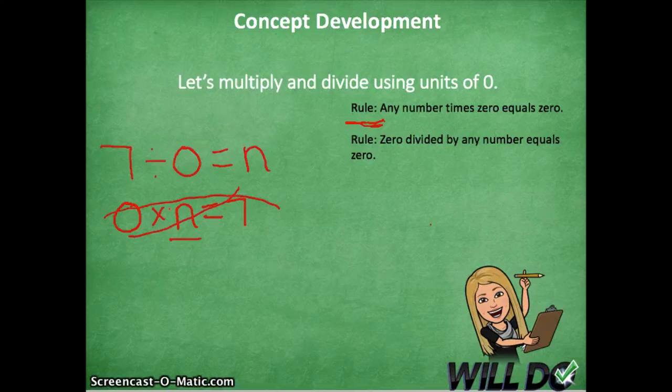Let's take a look at a special case of dividing by 0. Let's write this. 0 divided by 0 equals n.